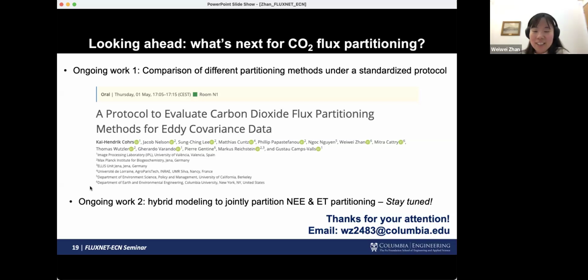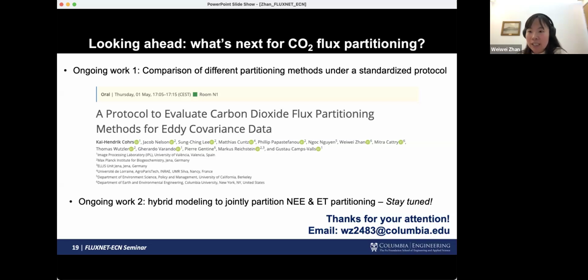his talk. And another work I'm also collaborating on with Kai is a hybrid modeling framework. Basically, we are trying to combine both machine learning and some process understanding, for example the Madeline model, to jointly partition NEE and evapotranspiration.